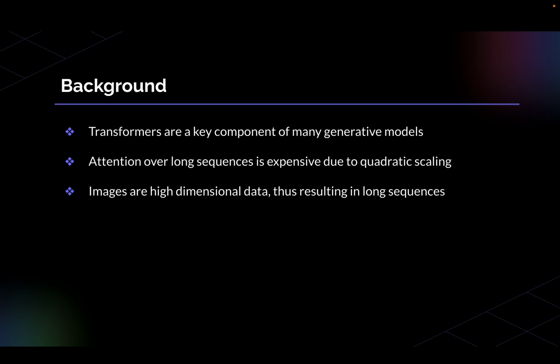We know that attention over long sequences is expensive due to the quadratic scaling. Images specifically are quite high dimensional, and this will result in very long sequences. Specifically for Stable Diffusion, a 512 image, even in latent space, at its highest resolution part in the network, will give you a 4,000 token sequence.